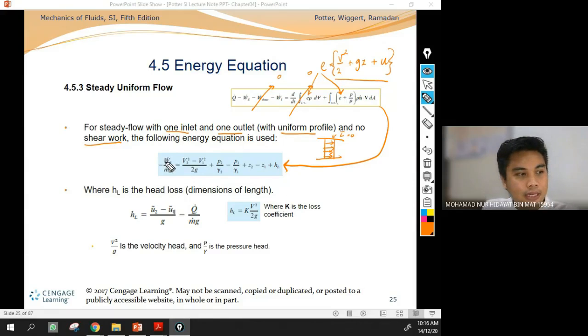Right? So Ws is equal to work from the shaft over mg. They divide all these terms by mg, mass flow rate with gravity, and then they rearrange the velocity. All right, we have this component. Remember, we have velocity component with respect to one inlet and one outlet.